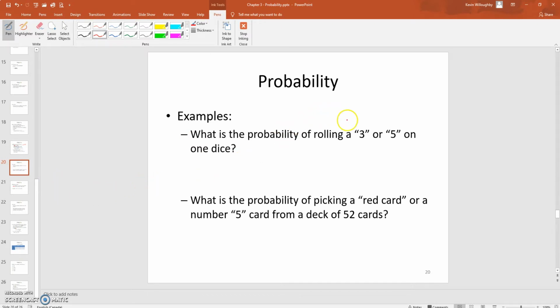Let's determine rolling a 3 is event A. So the probability of A will be 1 out of 6. Rolling a 5, we'll call that event B, so the probability of B is also 1 out of 6.